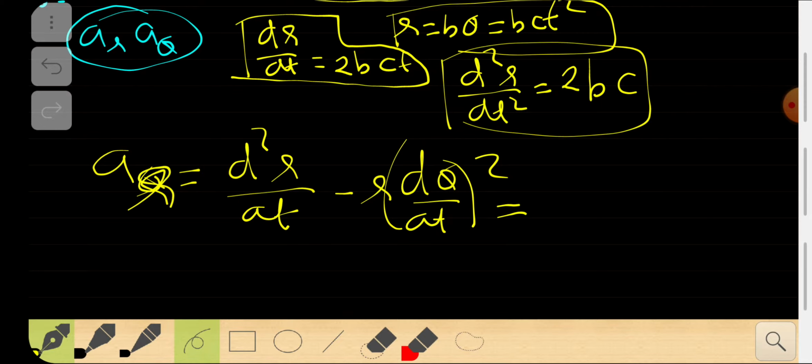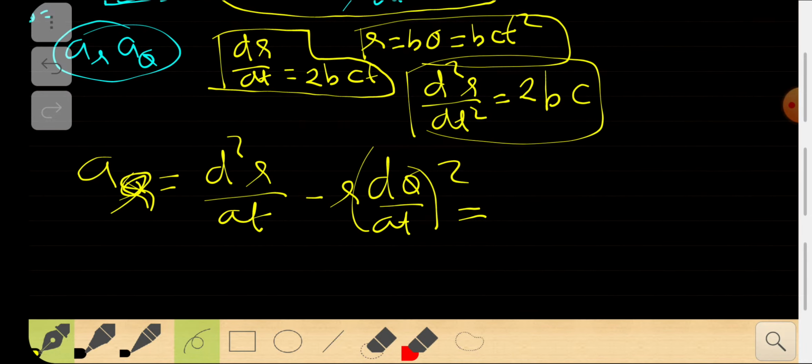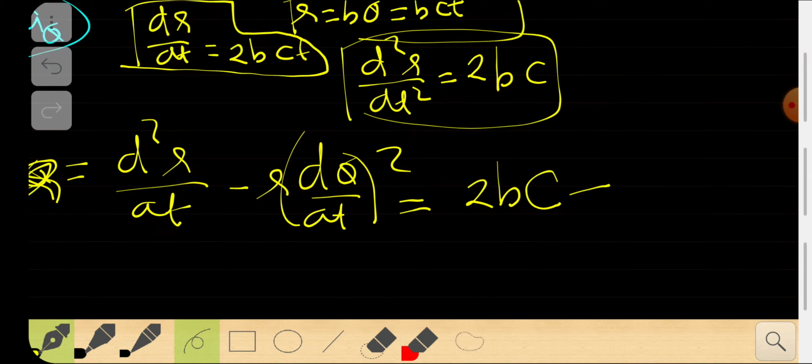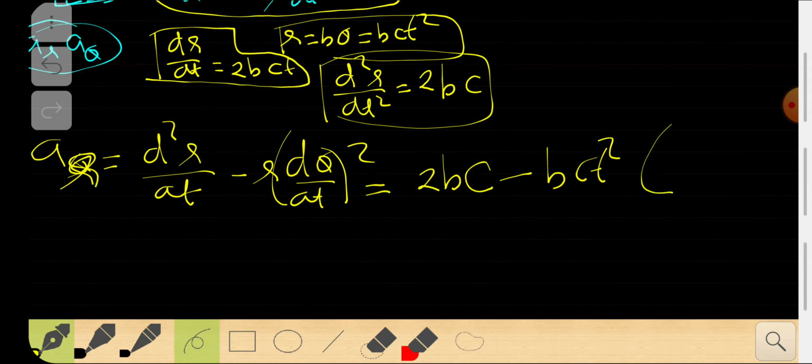We got that d square r by dt square is 2bc minus r, which is bc t square, times d theta by dt the whole square, that is 2ct the whole square.